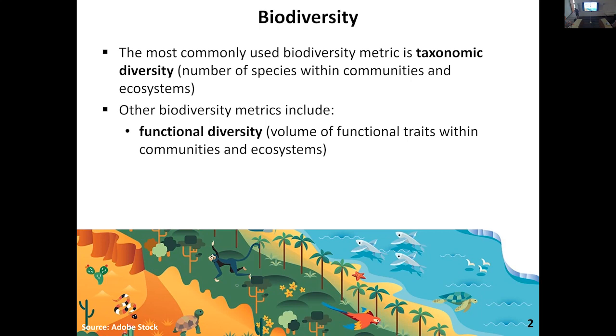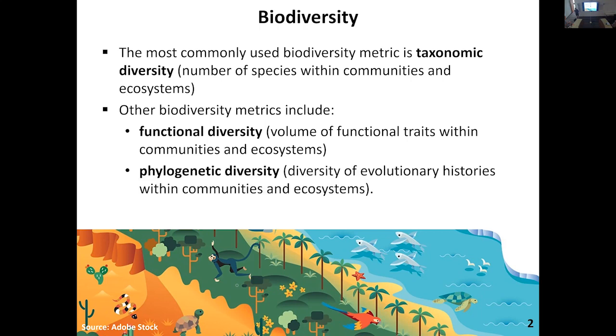And the other metric that is quite commonly used nowadays is phylogenetic diversity, which is the diversity of evolutionary history within a certain community. Think of it as a part of the tree of life that is represented by the species that can be found within a certain area.